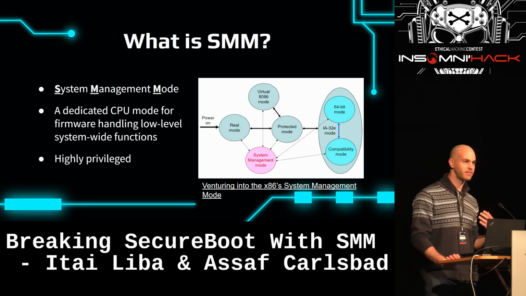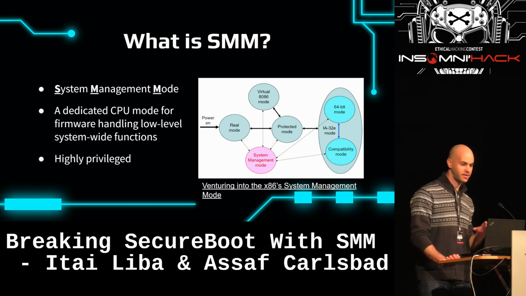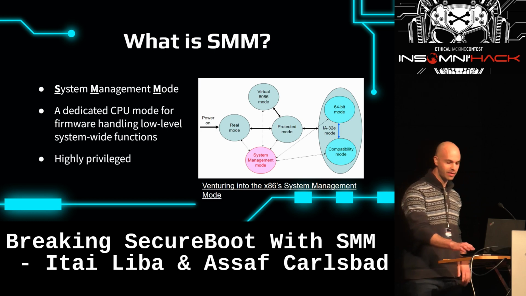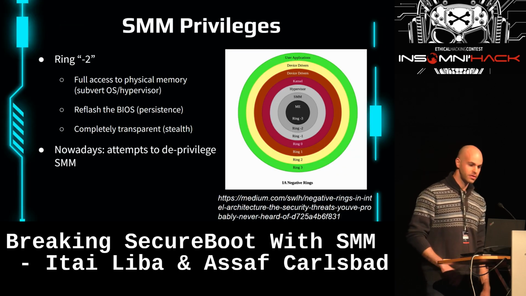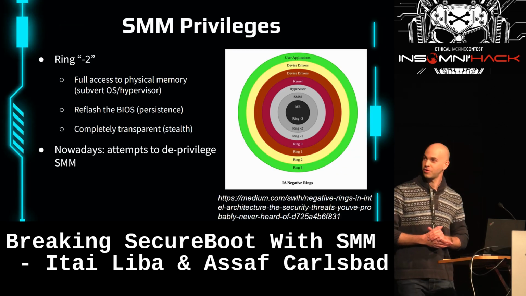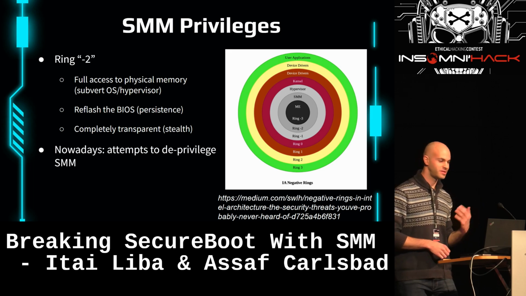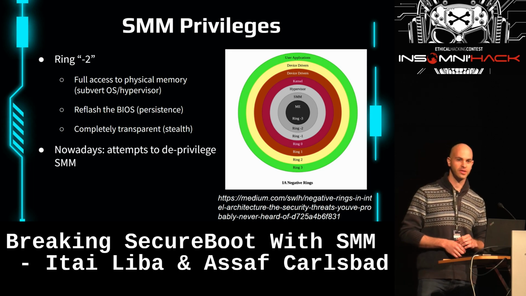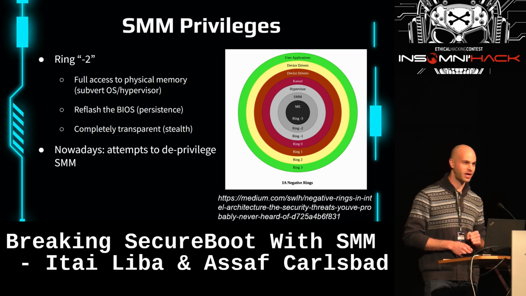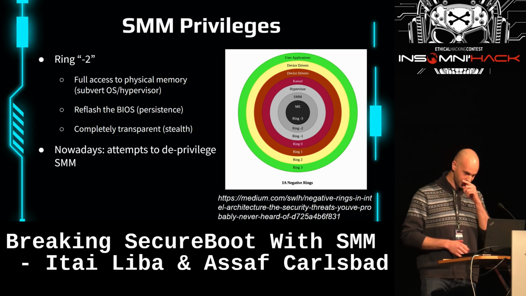Now, from the perspective of security research, the reason we care so much about SMM is that SMM is considered to be highly privileged. So, according to the Intel model of privilege rings, we can actually think of SMM as being ring -2. And that makes it, in some sense, more powerful than the OS kernel at ring 0 and even the hypervisor at ring -1.